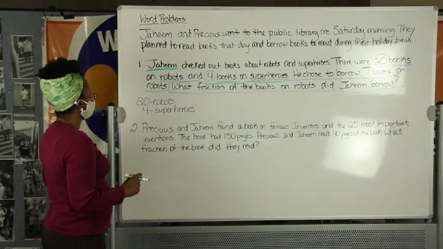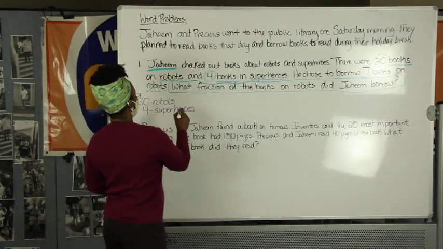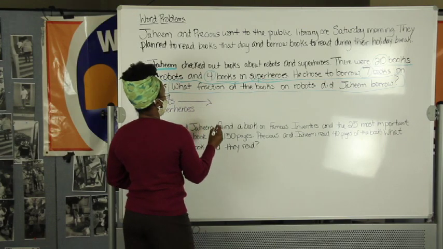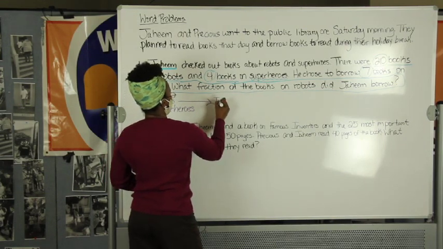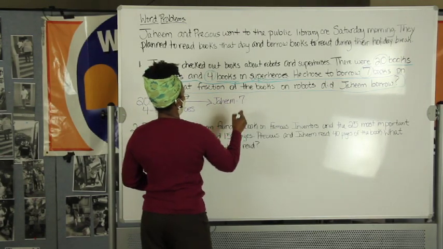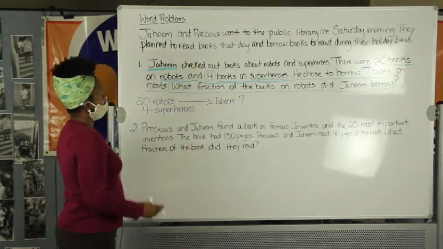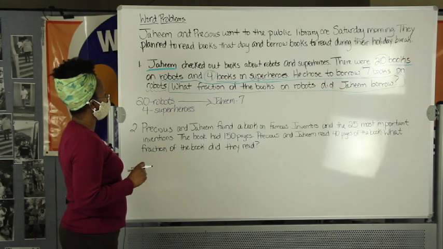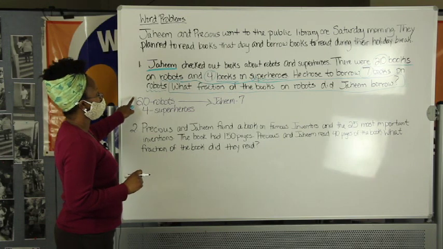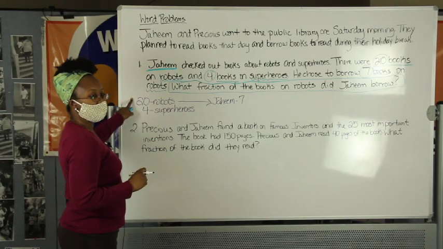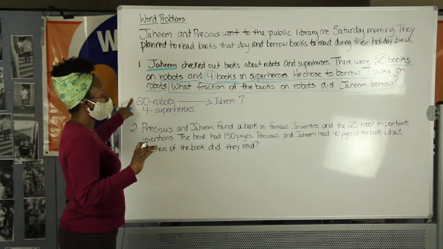Now, of the robot books, Jahim, he got 7. And they want to know what fraction of the books on the robots, these books here, did Jahim borrow? So how many? We're going to make it a fraction.